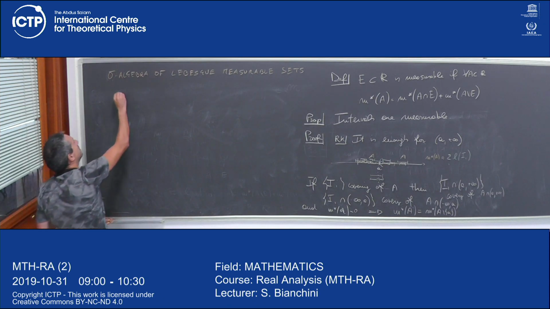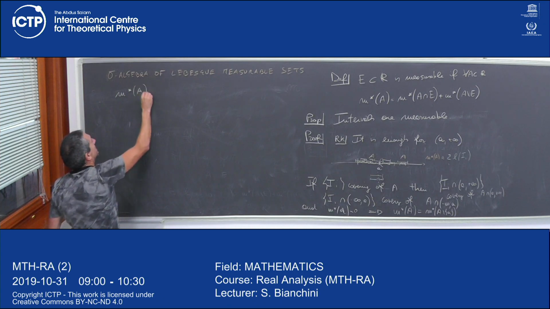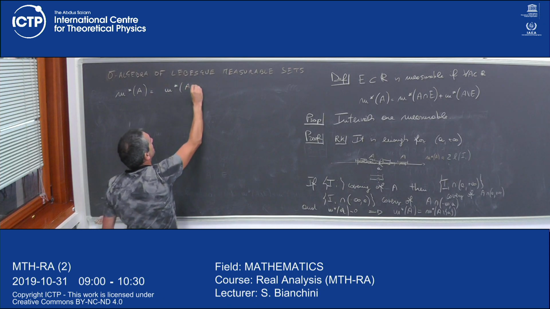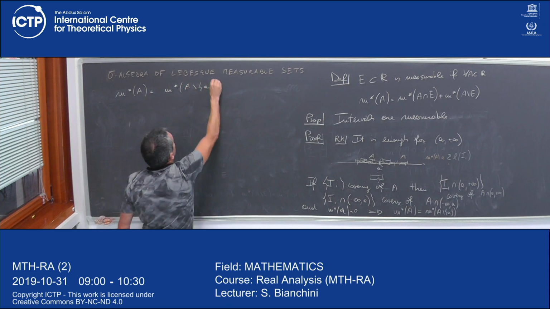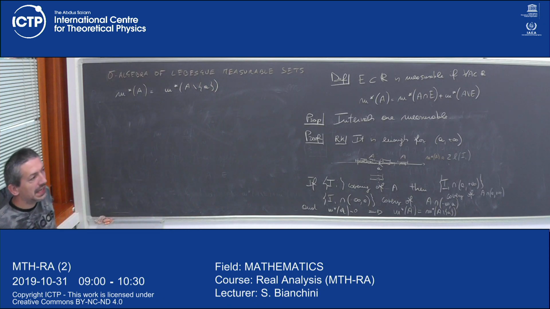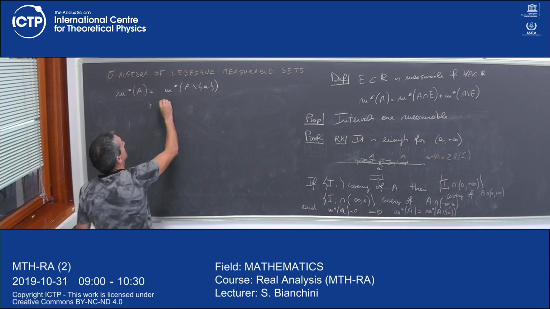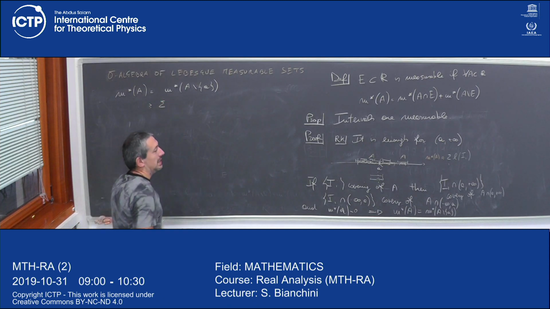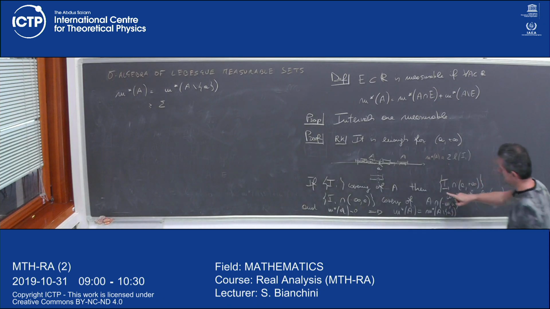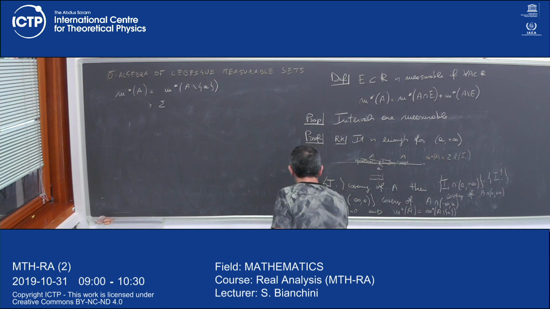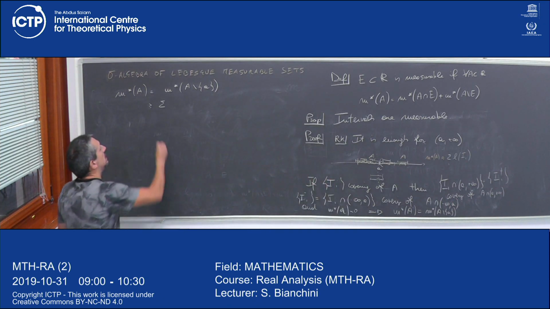M star of A. Third step. And now I would say that this is larger or equal than the sum of, okay, I take these 2 sets. Let's call this set I plus, and this set I minus, on the left hand side.